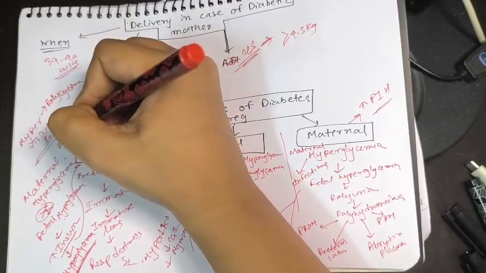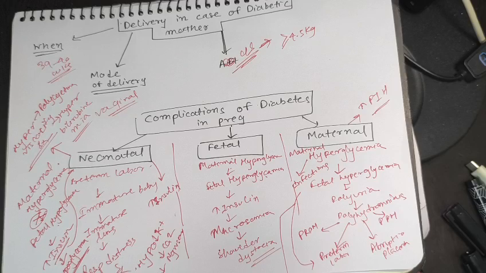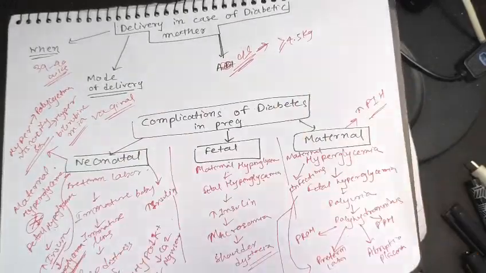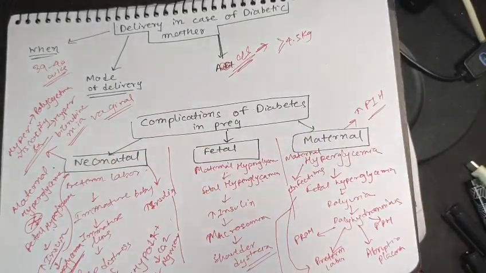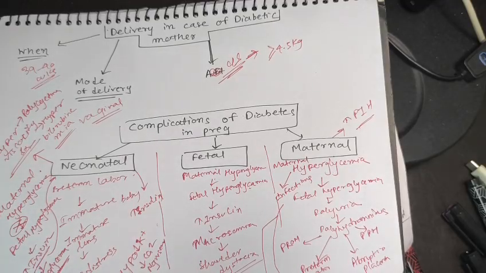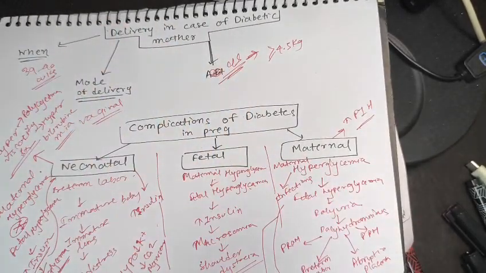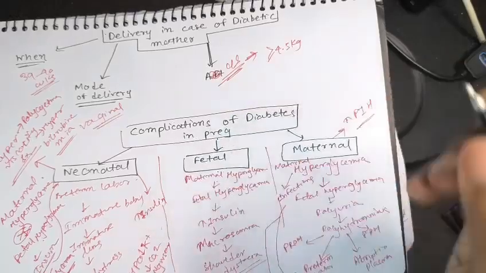So a neonate of a diabetic mother will have all of this. These are the neonatal complications that I have written, so the baby will show all the complications I have written in a neonate of a diabetic mother.